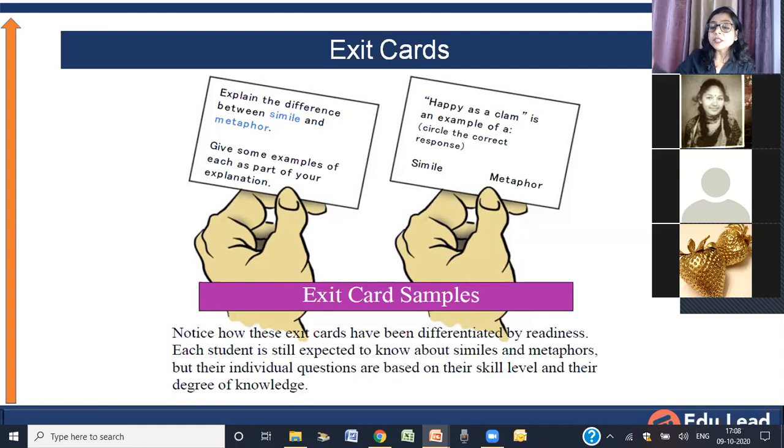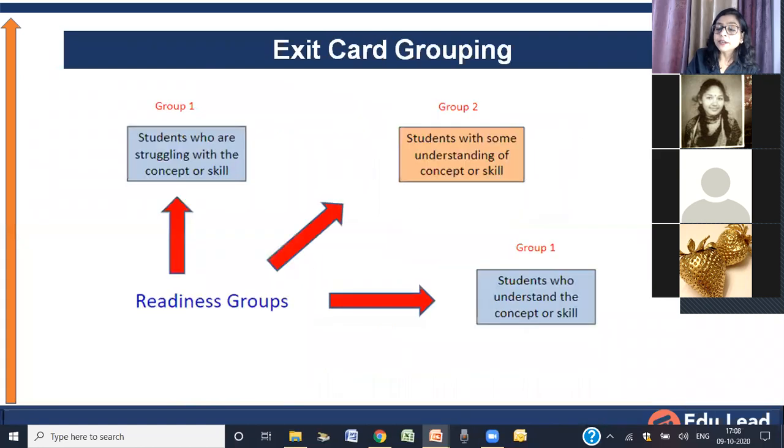Once you get the responses from the students, you are able to collect the data for differentiation. Group one could be students who have understood the concept or the skill. Group two would be students with some understanding of the concept or the skill. And group three would be students who are struggling with the concept or skill.